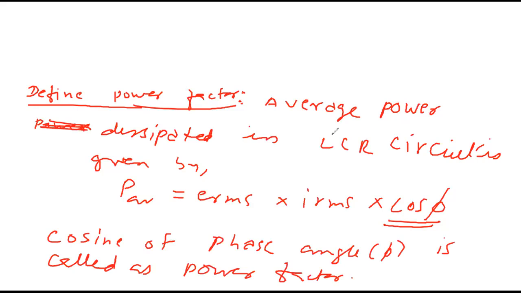The circuit will have everything: coil, capacitor, resistance. So that type of power is also called true power. So average power in AC circuit with LCR is given by P average, E RMS, I RMS cos phi. Cosine of this phase angle phi is called power factor. First definition, right, because the same thing we can write in three different ways. You can write any one in the exam.